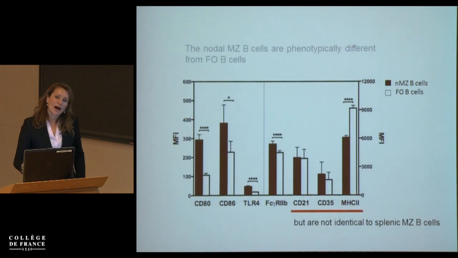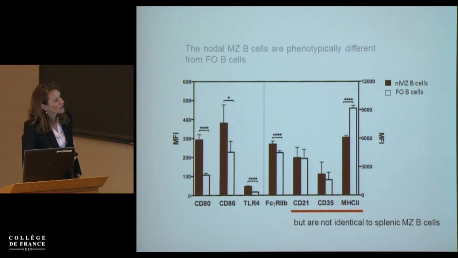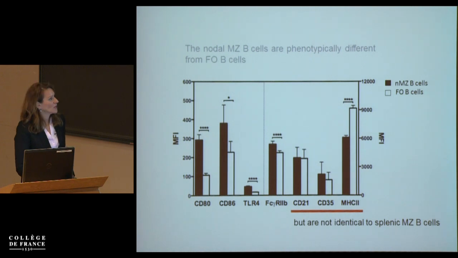But there were also other markers that we wanted to investigate, which are also characteristic of marginal zone B cells in the spleen and increased compared to follicular B cells. So we looked at CD80 and CD86, molecules important for antigen presentation. They are increased compared to follicular B cells.